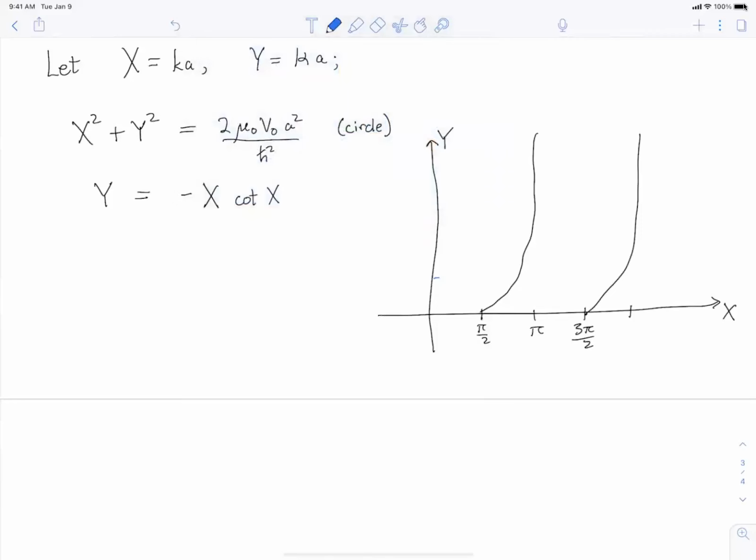Okay, and then the circles: you could have a circle with a small radius, depending on what V0 is, and there's a circle with a larger radius. Okay, and these are different values of V0.